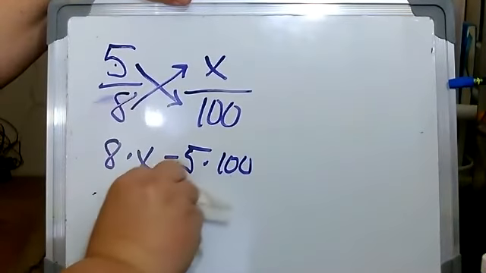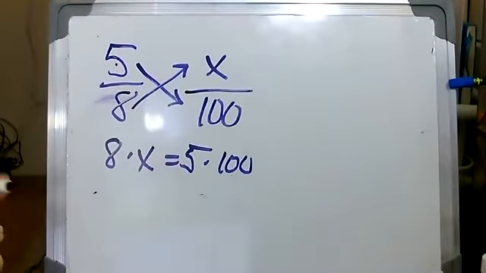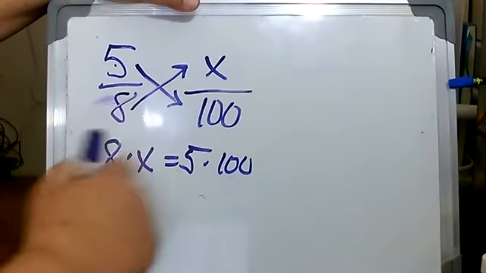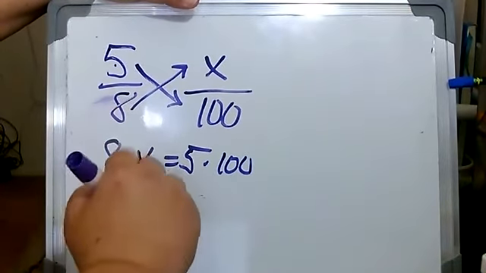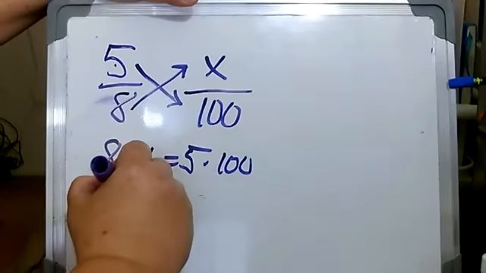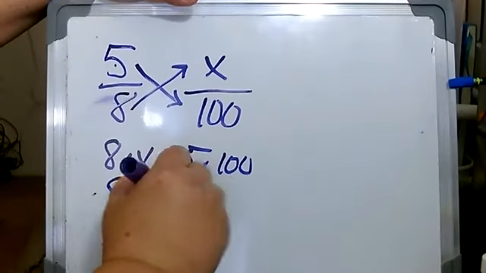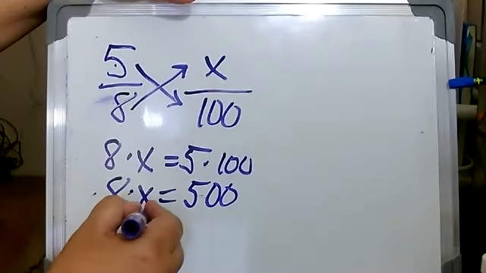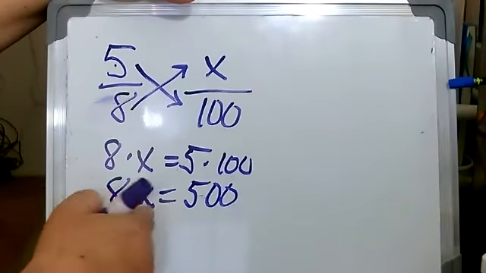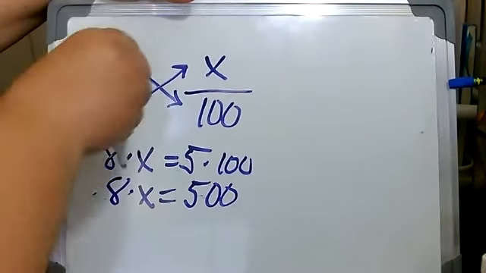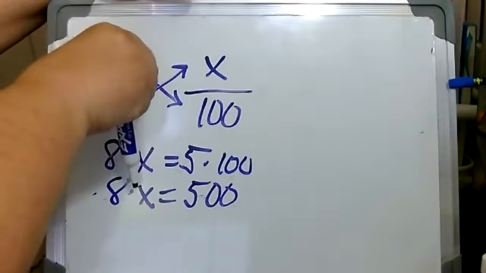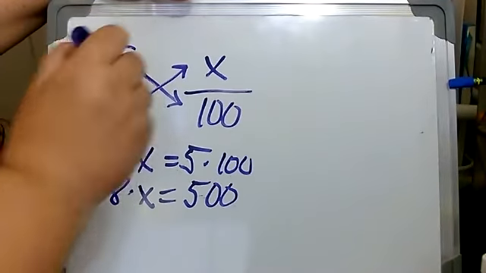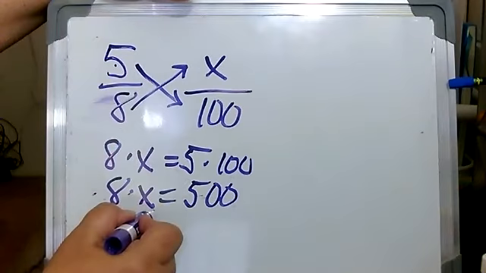Now we're going to solve it out, and you're going to learn more about this when we're doing number distribution and stuff. But 8, of course, times x equals 5 times 100, which is 500. We needed to isolate the x, so we need to keep it on this side. And since this is multiplication, we're going to use division. Another way of doing division is through a fraction.